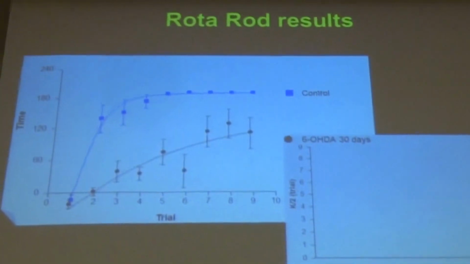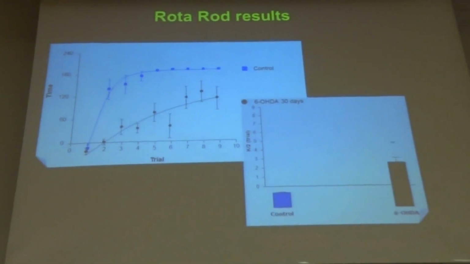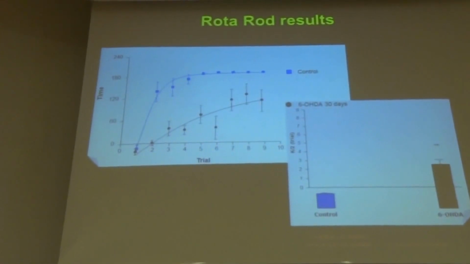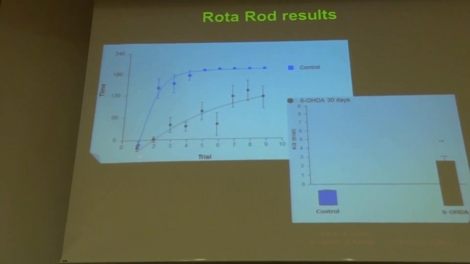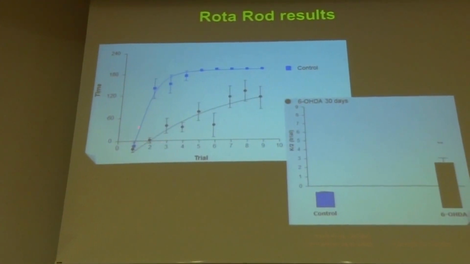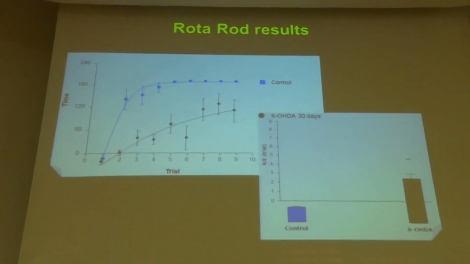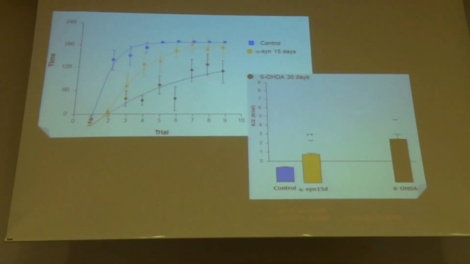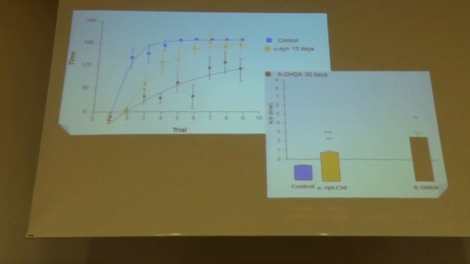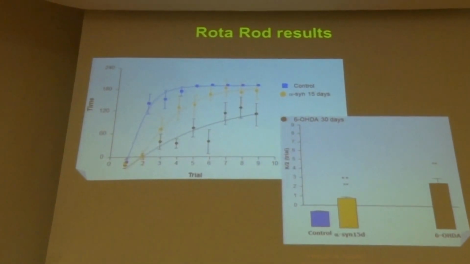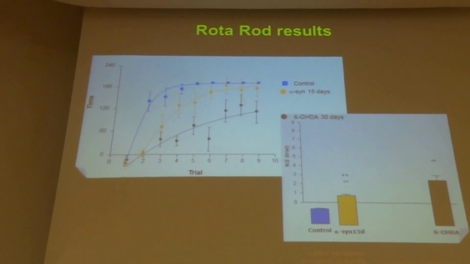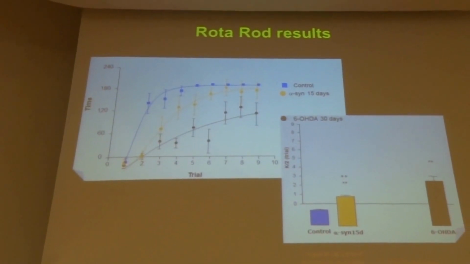So this is what happens when you inject 6-hydroxydopamine. Animals become, after 30 days, impaired compared to the controls. If you look at the ones with alpha-synuclein, TET protein, they also develop neuropathology, but more slowly.